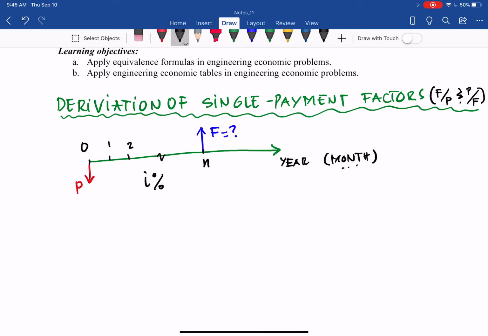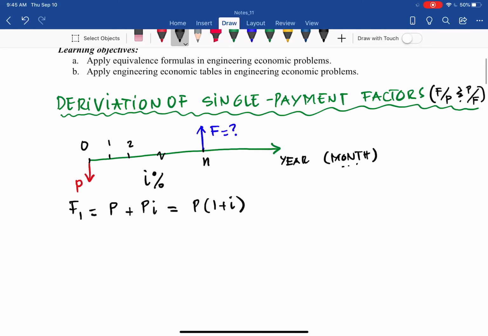If F is at year 1, it equals the original principal plus the interest in the first year, so P plus P times i. Everyone understand that, right? From that we have P(1 + i).